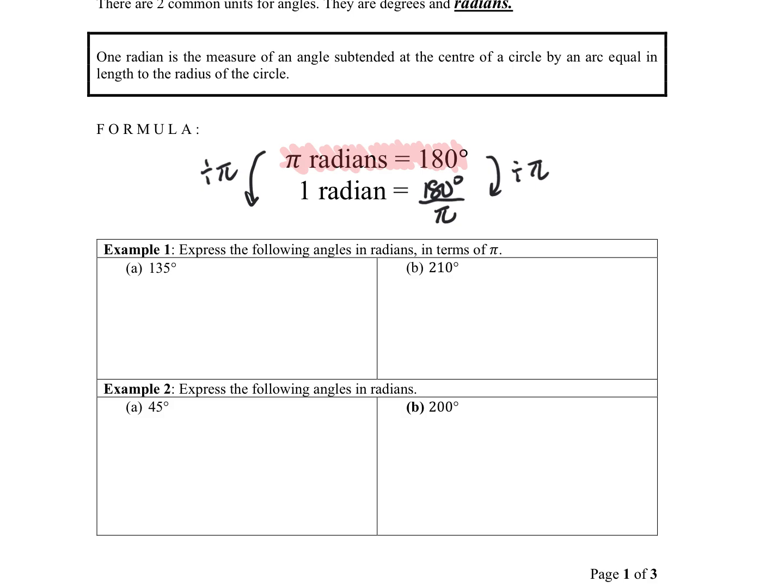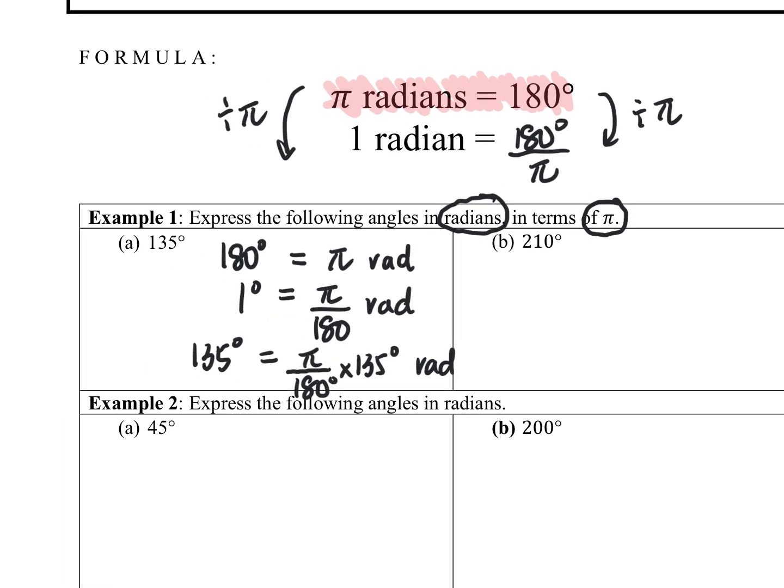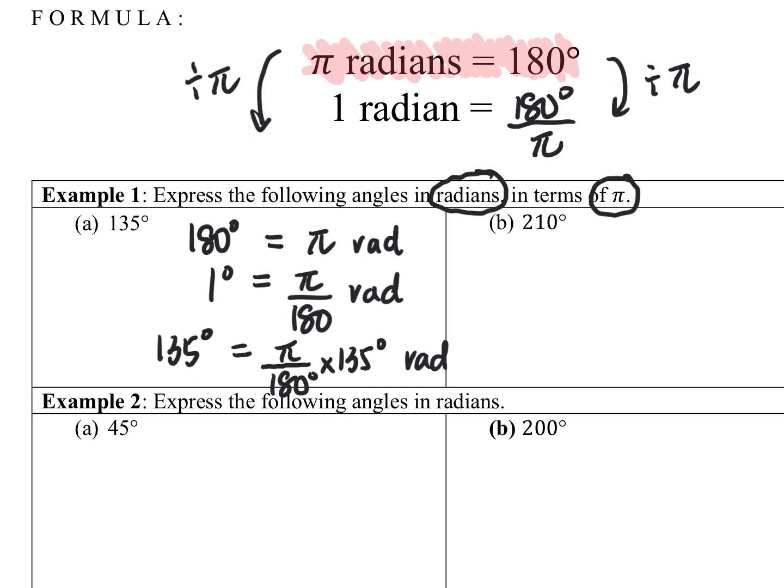So how do we convert our answers to radians? They say leave your answer in terms of pi, right? So we always start off with 180 degrees is pi radians. So we want 1 degree, so it's pi over 180. With 135 degrees, we multiply this answer by 135. On your calculator, don't go and press the pi.